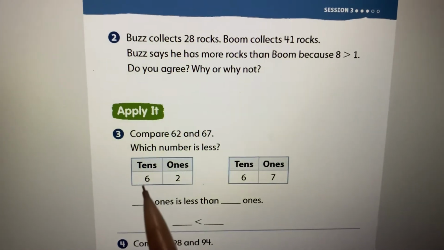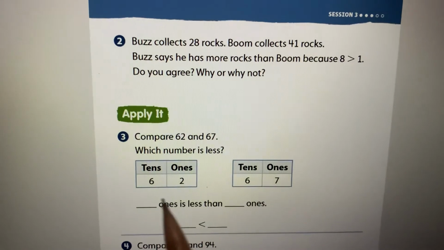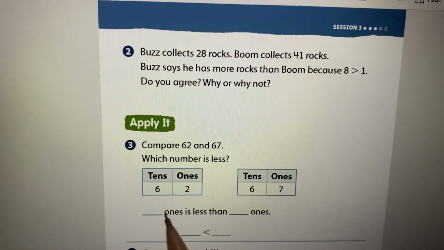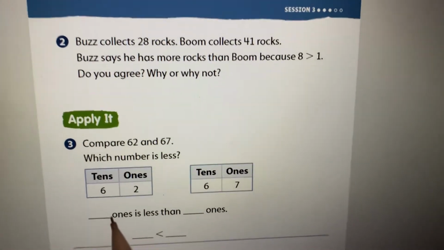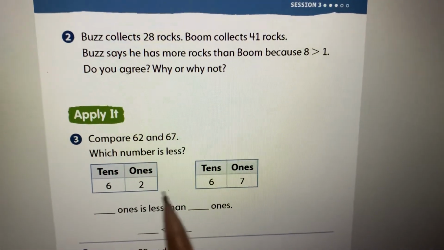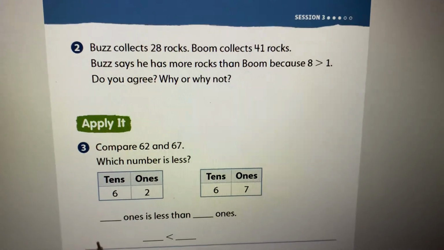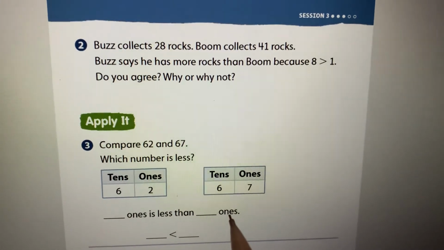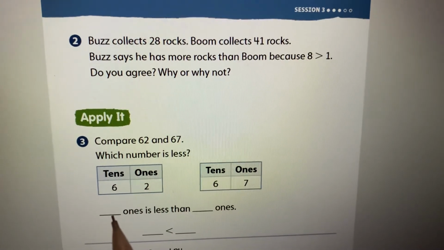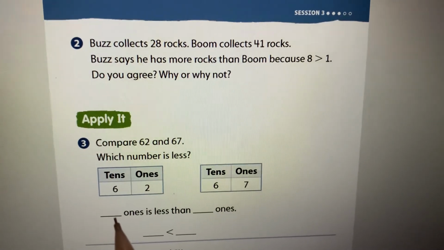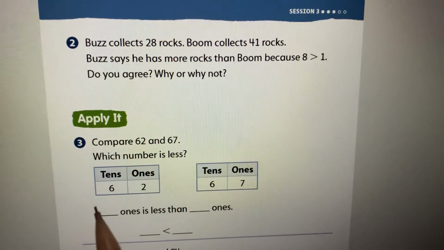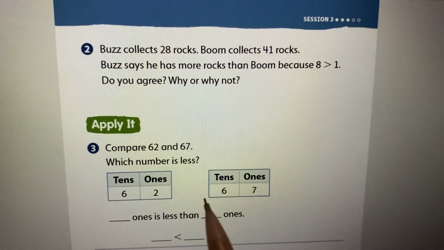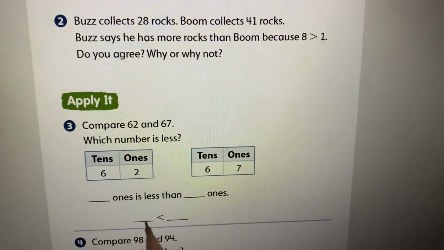So we're not looking at the tens place because they're both the same. But if you look at the ones spot, we have a 2 and a 7. Blank ones is less than blank ones. So which one is smaller? You're right, 2 ones is less than 7 ones.